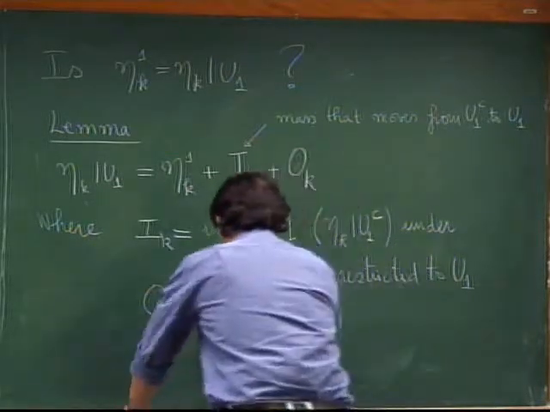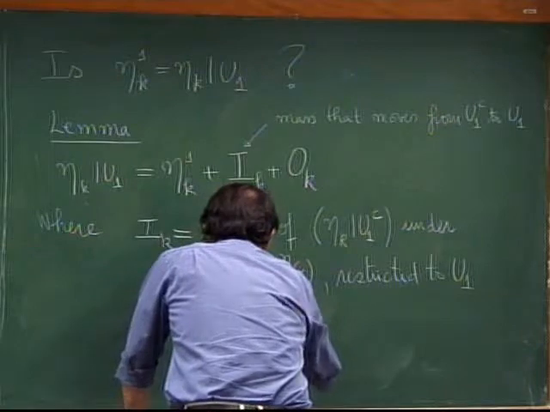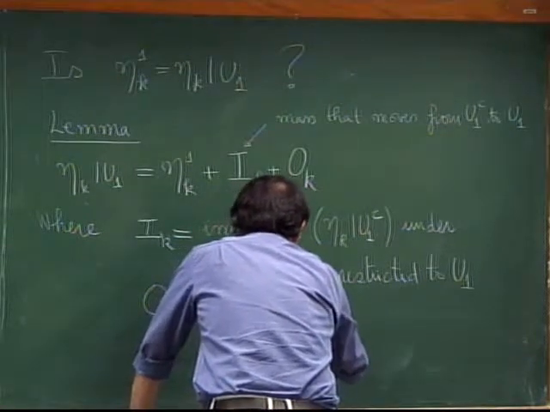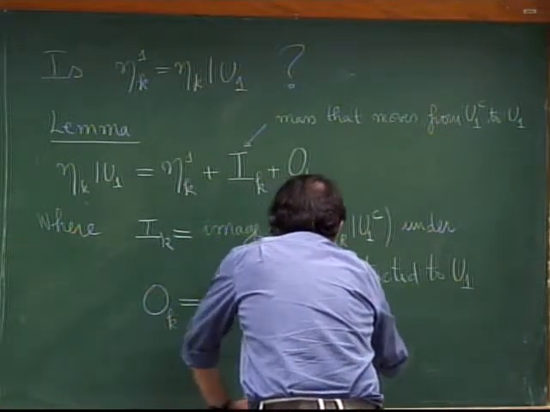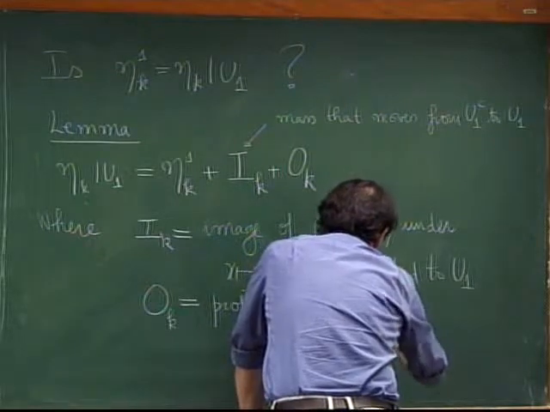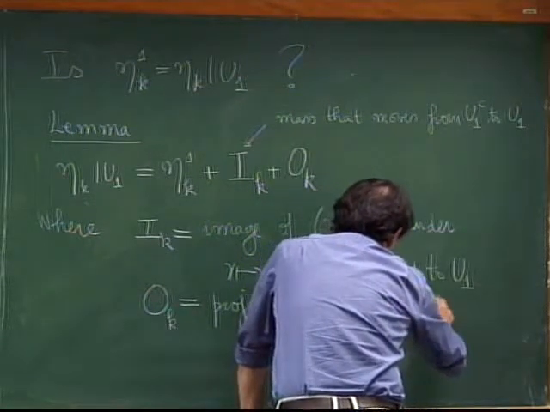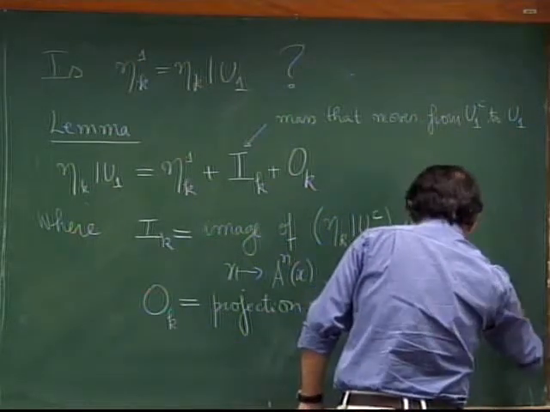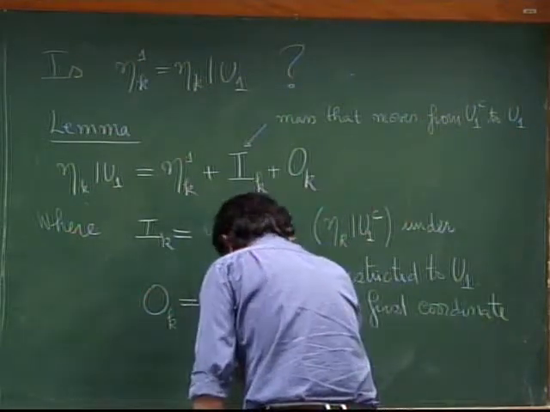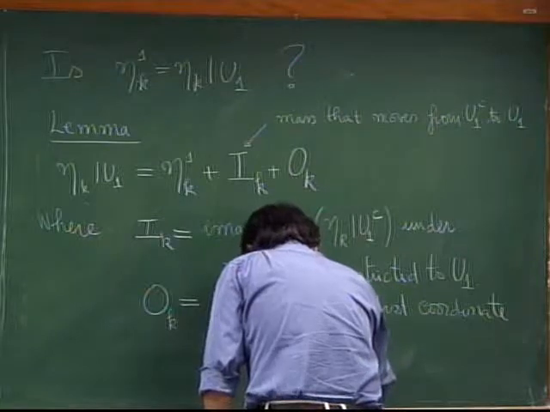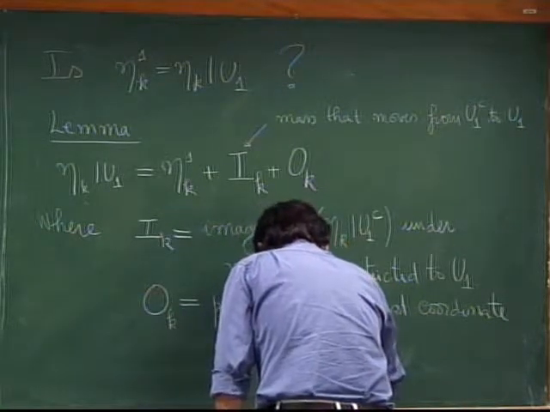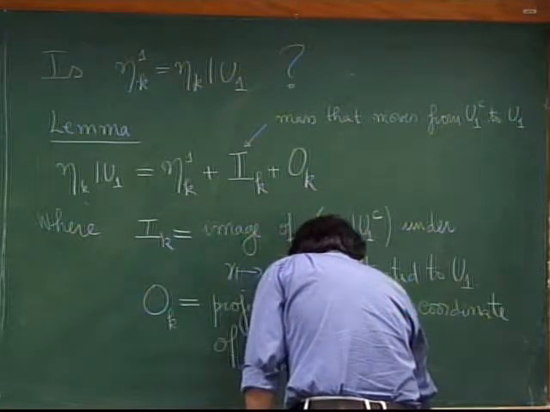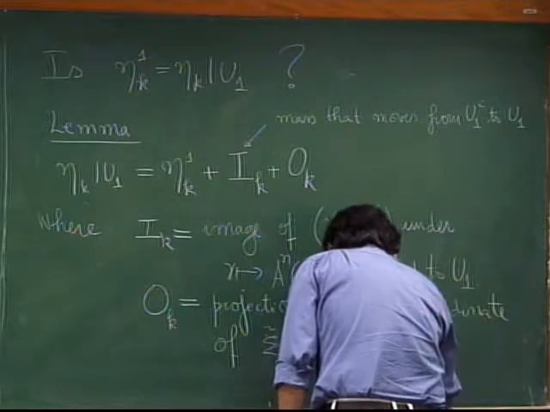So this is equal to the projection on the first coordinate of CK twiddle restricted to U1 times U1 complement.